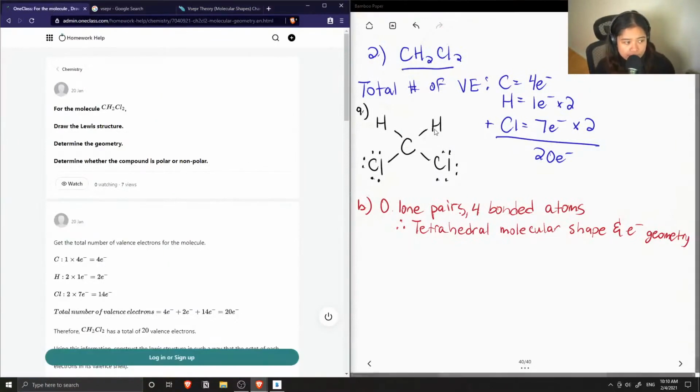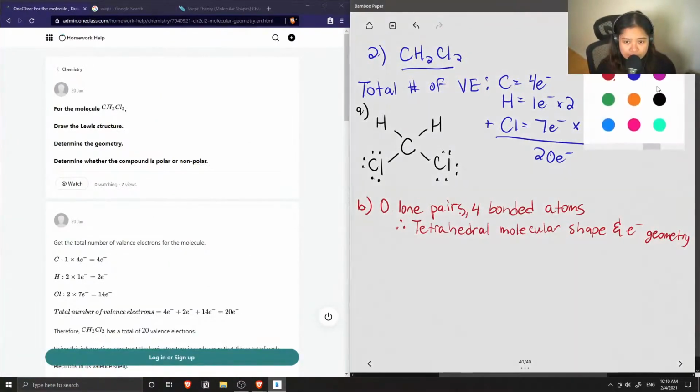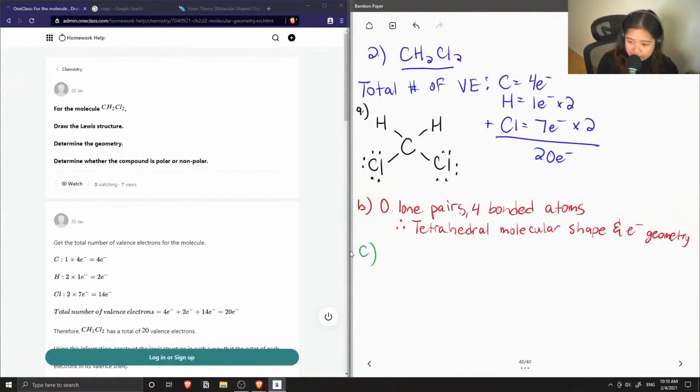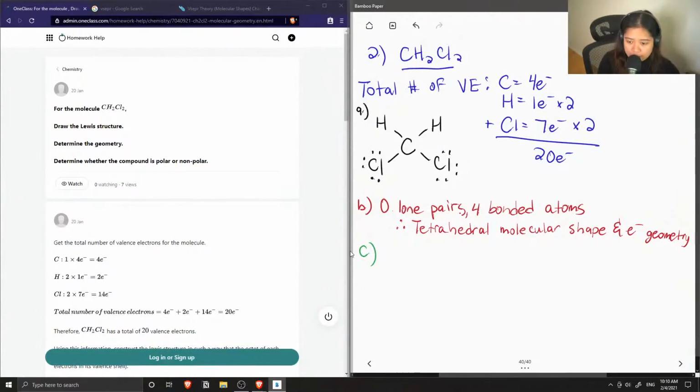Okay, so for the last part, we need to determine whether or not this compound is polar or nonpolar. So to do this, we need to determine whether or not we have any polar bonds in this molecule. So to determine the polarity of a bond, we need to look at the difference in electronegativity values of the atoms involved in the bonds.